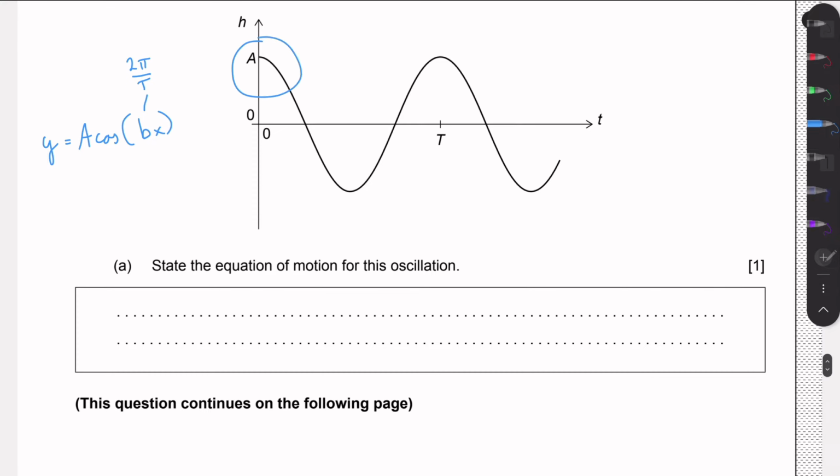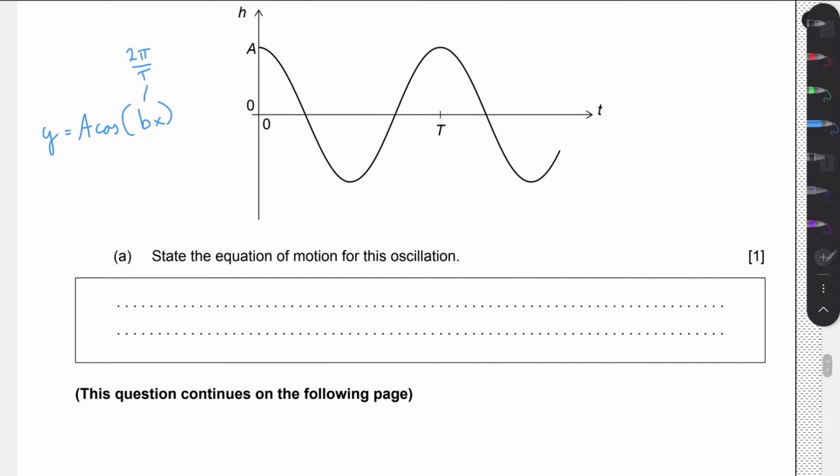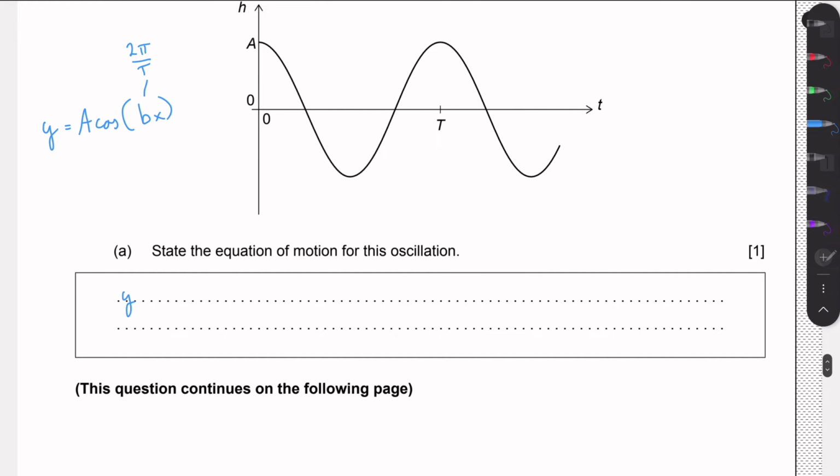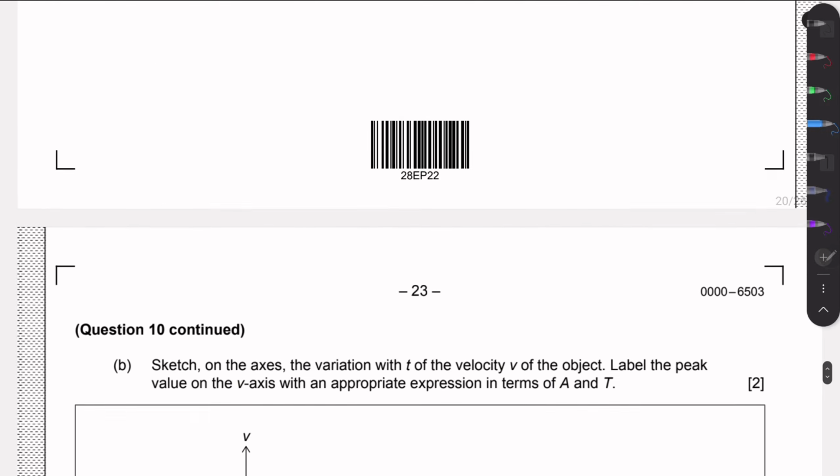Here we have a positive cosine graph as we have a positive displacement to begin with. So our height will just be our amplitude times cosine of 2 pi over T times small t. That is our variable, and that will be the equation of motion.